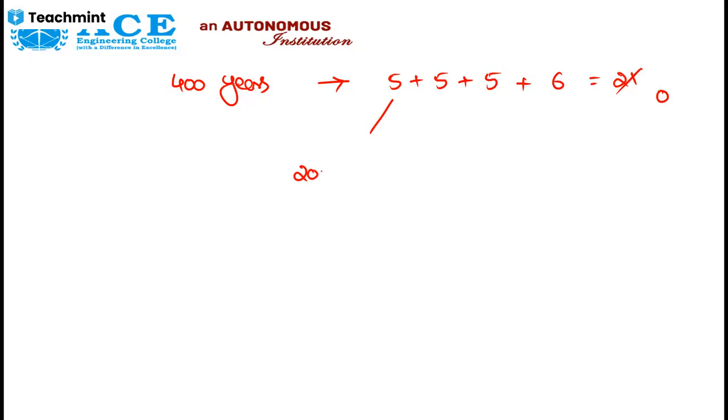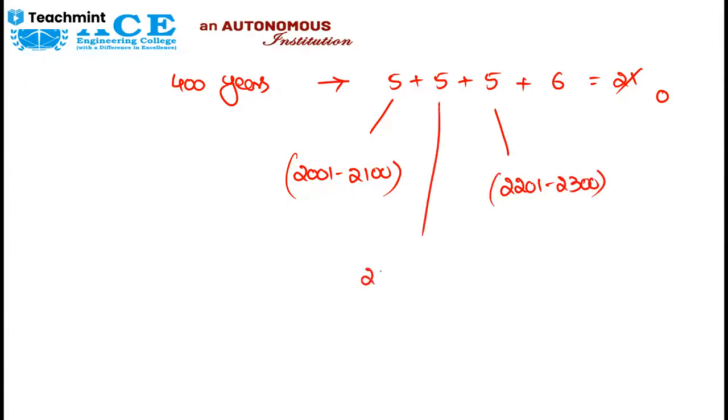300 years. Now, 400 years is very important. Odd days is 0. How you got odd days 0 is 5 plus 5 plus 5 plus 6, which is total 21, meaning 0 odd days. Why 5? This is 2001 to 2100, this is 2101 to 2200, and this is 2201 to 2300, as we already discussed.